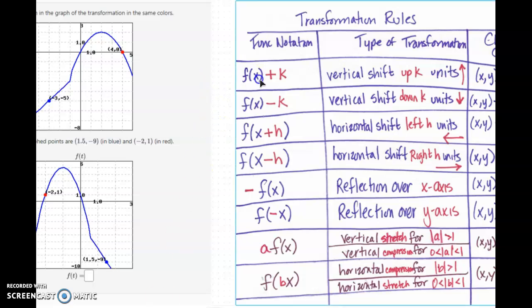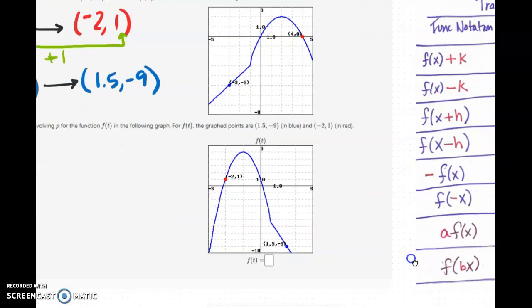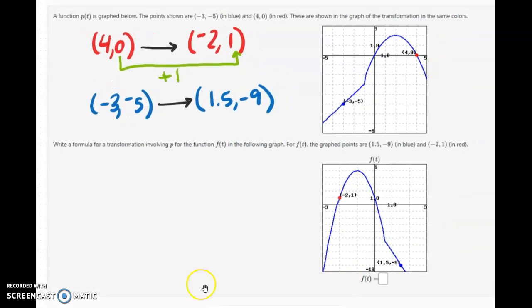Now let's take a look at the next point and see if there's the same thing. Do I add 1 here? And the answer is no. I don't just add 1. There's something else happening. So we can try to figure out what is happening by setting it up like this. I think what's happening is -5 is getting multiplied by some number, and let's call it a.